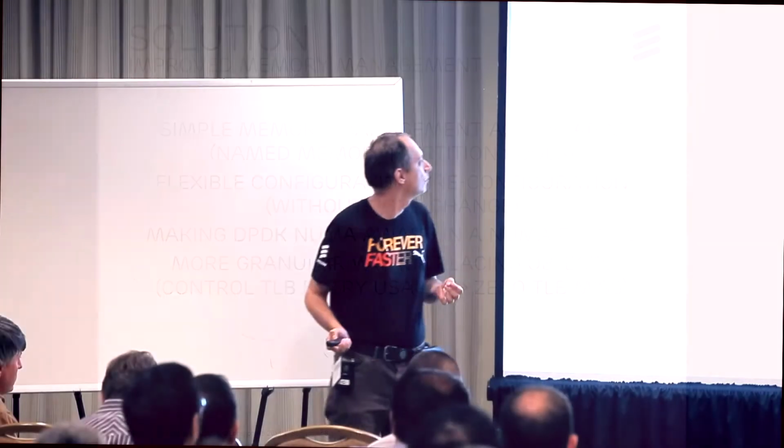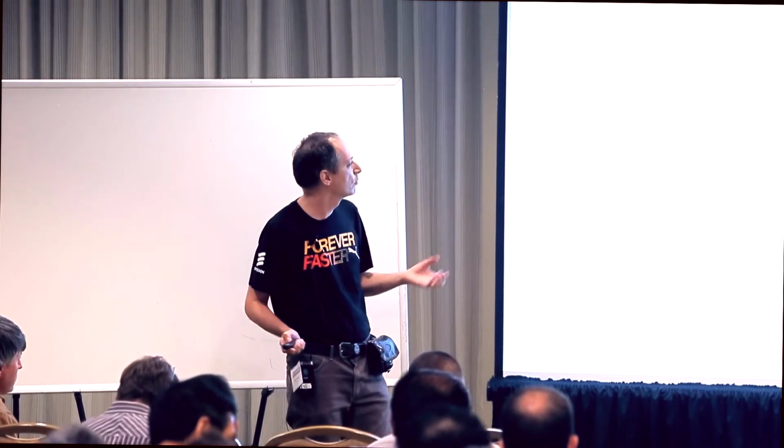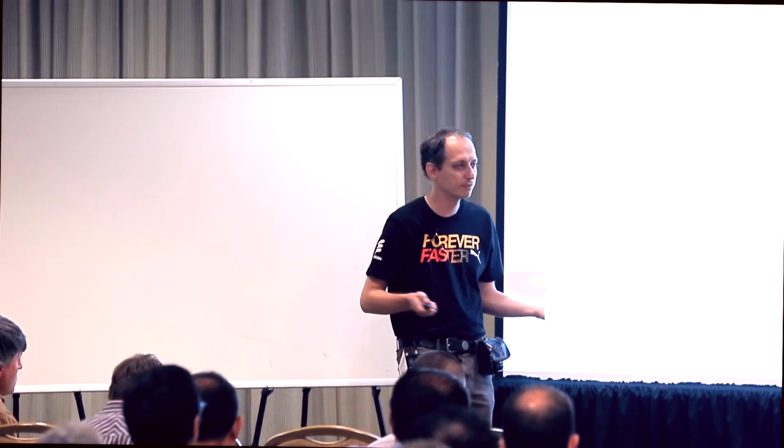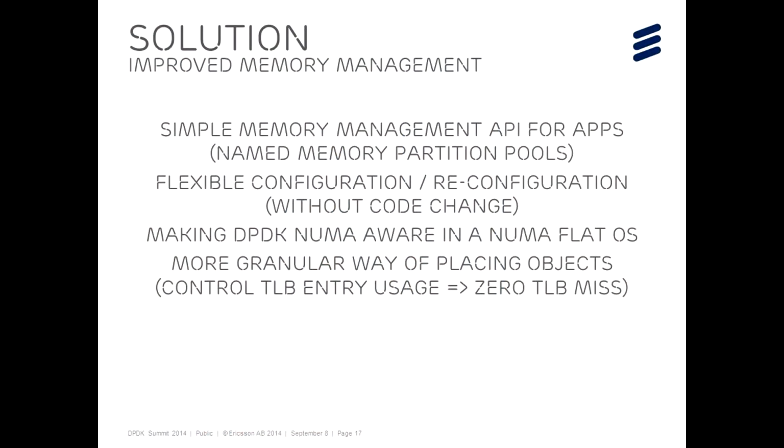And we provide flexible configuration and reconfiguration without changing the code. You can switch from 2M huge pages to 1G, or even 4K, or you can change the size of a given partition. So that's how we made DPDK NUMA aware in the NUMA flat OS.